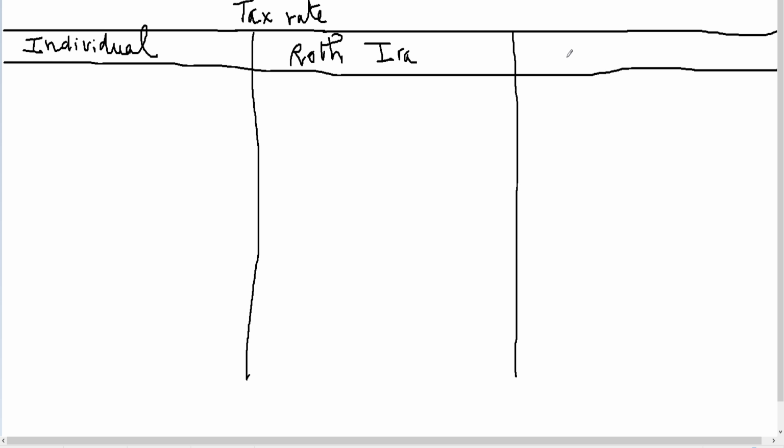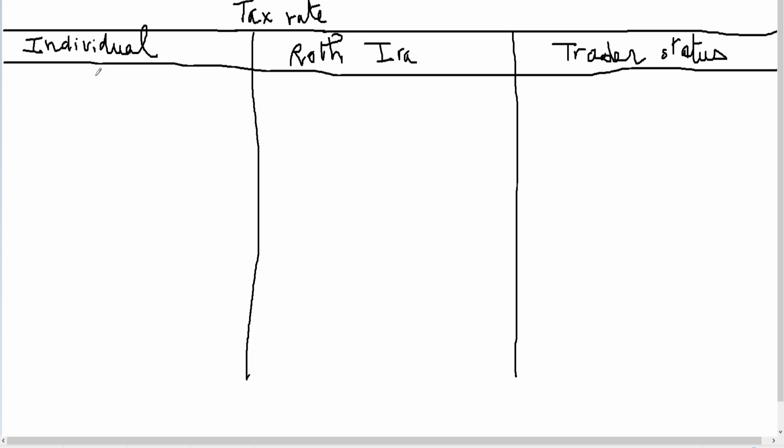And there is what we call trader status. I will explain what it means, this status when you are trading. It's just a status. I will explain. Now we begin with the first one, individual.